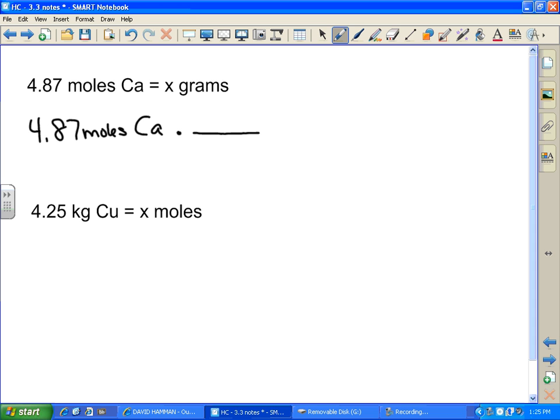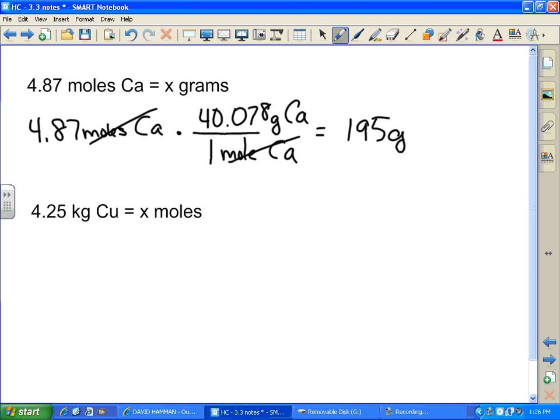Right? So what we're going to have is 40.078 grams of calcium in 1 mole of calcium. Moles cancel. We do our calculation, significant figures, we should have a final answer with 3. So 4.87 moles of calcium is equal to 195 grams of calcium.